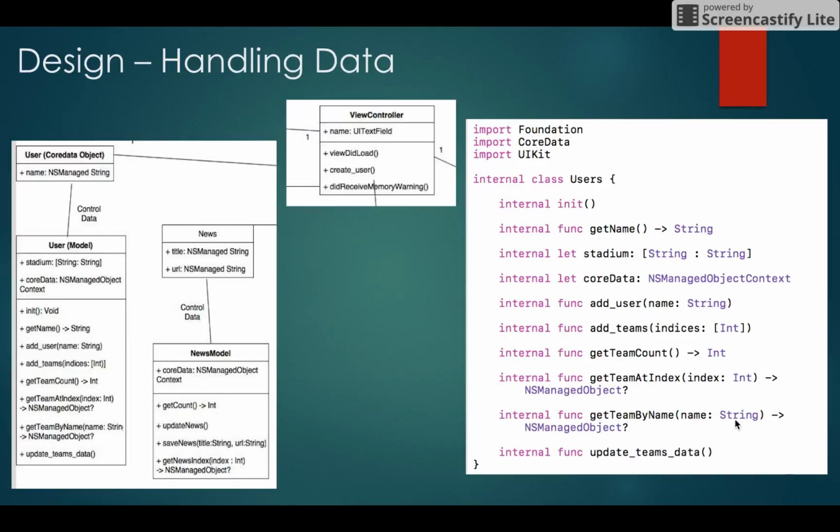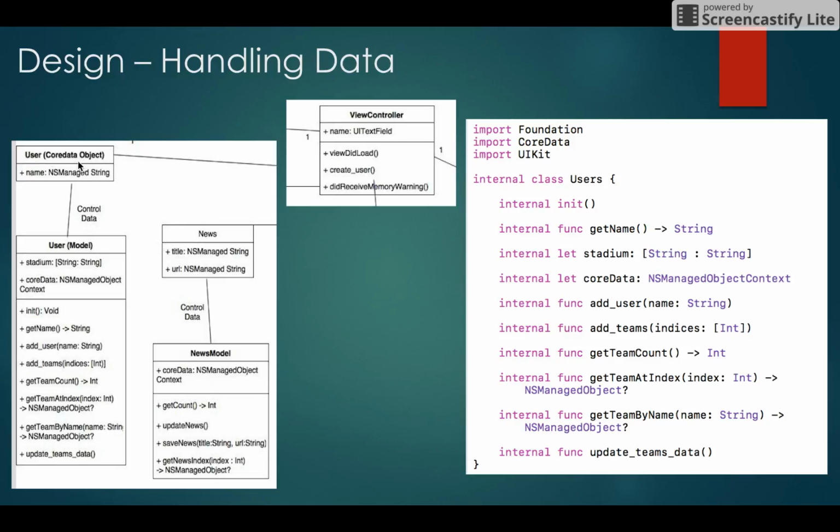And next, I will talk about how I decided on the aspect of handling the data. So the view controller right here is just a general view controller, saying that the view controller interacts with all these data models. For example, the user and the news are called managed objects.